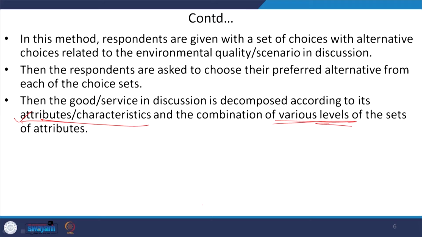So, let us take an example. Say there is the problem of a biodiversity crisis, and in order to maintain this biodiversity, let us suppose a particular endangered species needs to be conserved, and because of which a policy is needed.